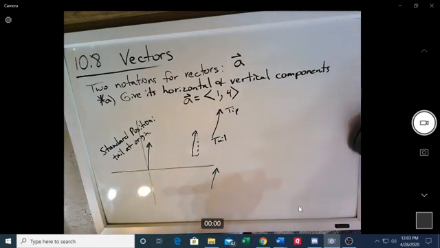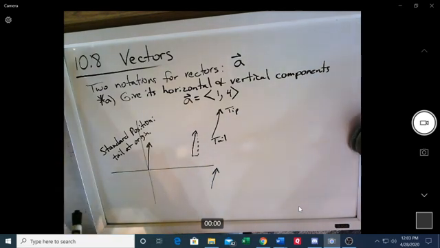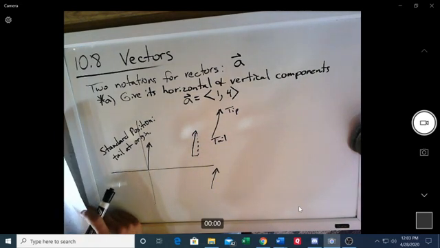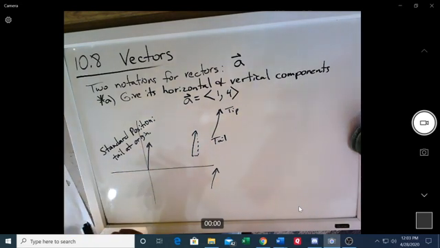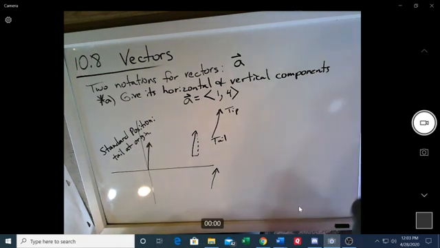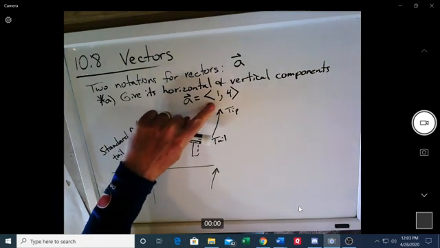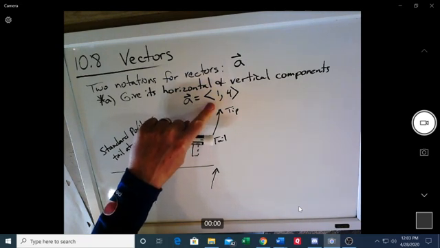Now, what we need to do is quickly shift from one notation to the other. If we already have it in this notation, we're usually good with it.